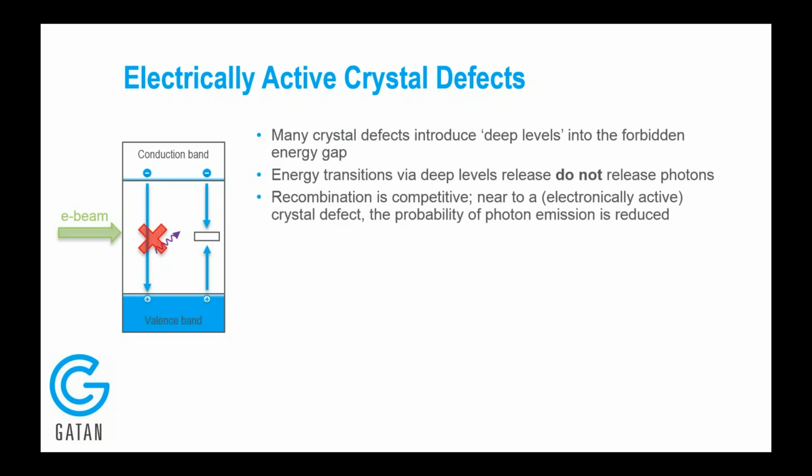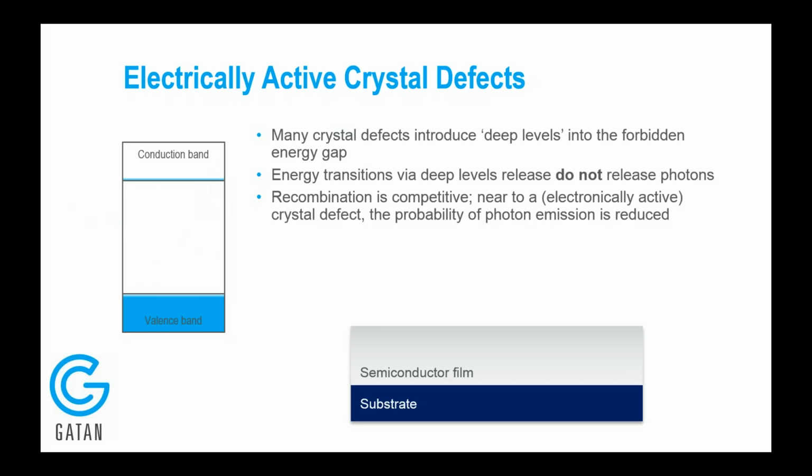And so recombination is a competitive event, and if electrons and holes are recombining via the deep level, then the probability of getting a photon out of the sample close to a defect is dramatically reduced. So here, let's take an example of a perfect semiconductor film. And if we shine our electron beam on it, we generate electron hole pairs, they recombine and they emit photons.